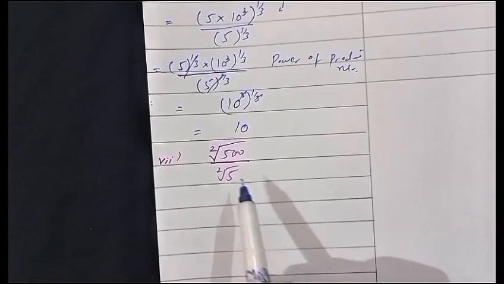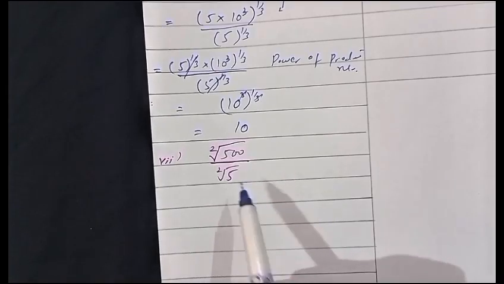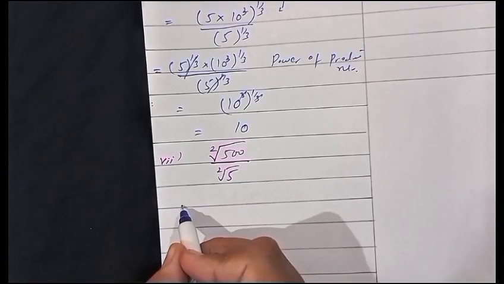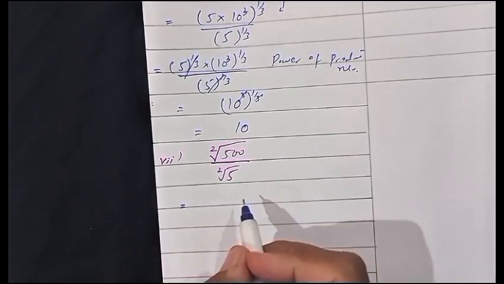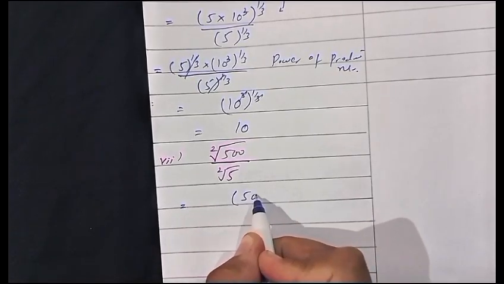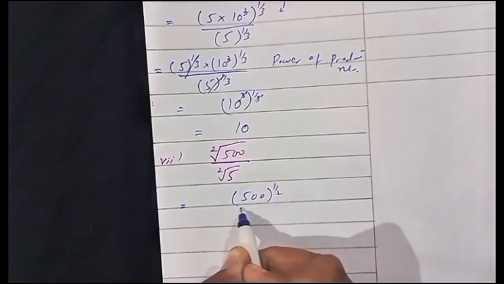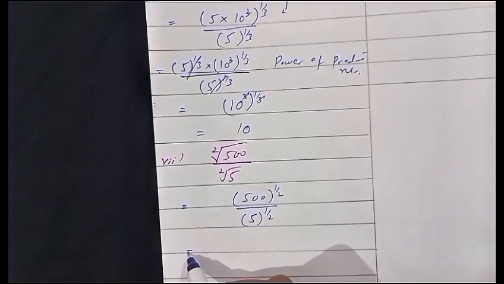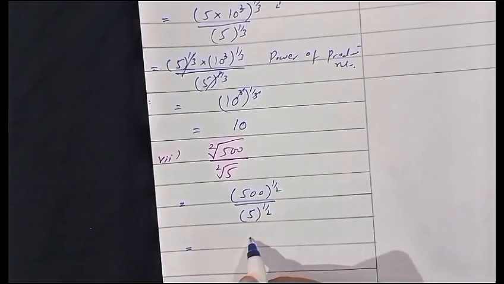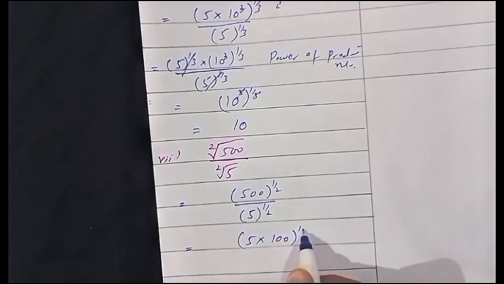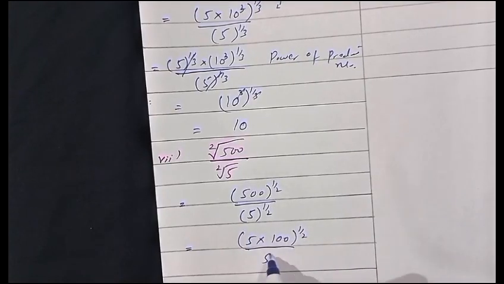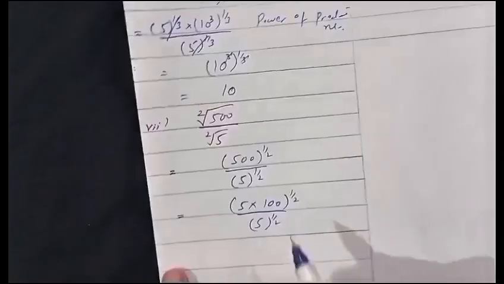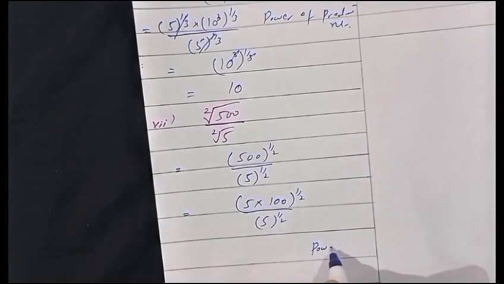In the 7th part, this is the square root of 500 divided by the square root of 5. Similarly, like the previous part, we have to convert 500 in the form of 5 to make the base the same. So first convert into an exponential expression, then write 500 as 5 multiplied by 100, whole power 1 by 2, divided by 5 power 1 by 2.